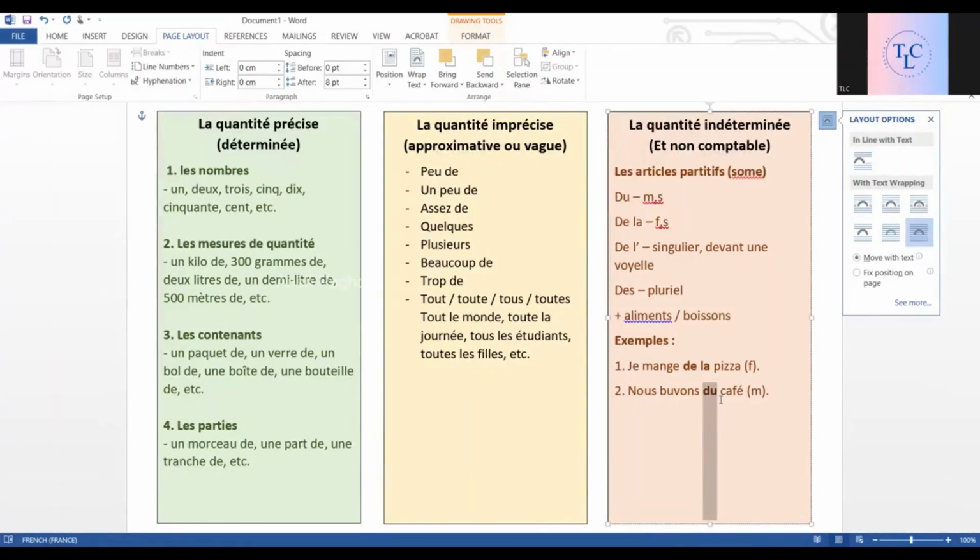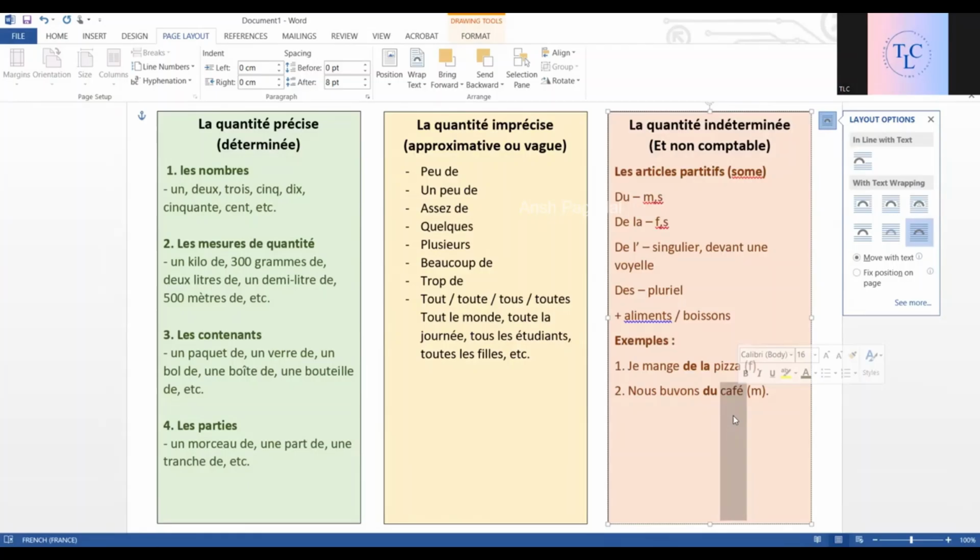And here you can see café is also uncountable. So we cannot say one coffee. Obviously, we can say a cup of coffee or 500 milliliters or 200 milliliters, but it is uncountable. So this is the article that we use for uncountable nouns as well, because there we cannot say 1, 2, 3, 4, we cannot number it.